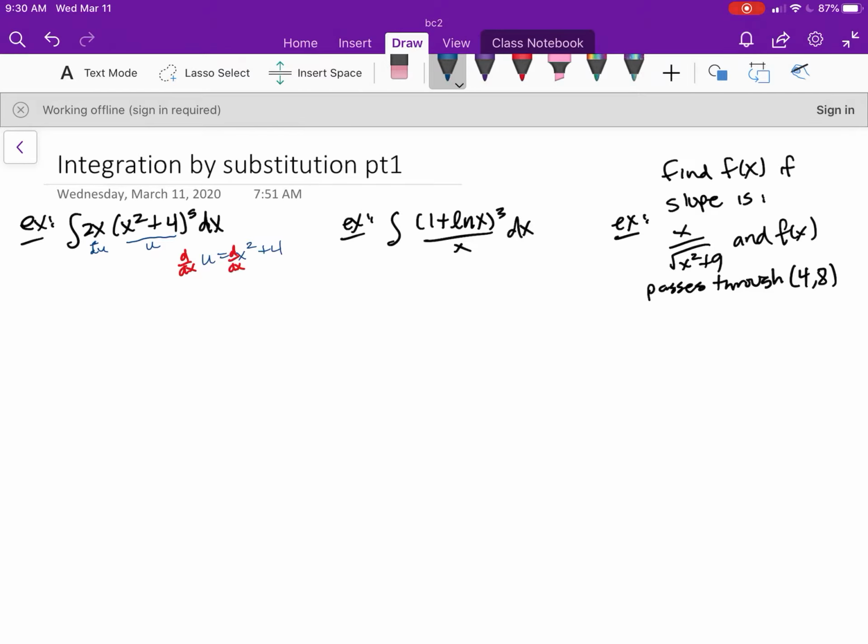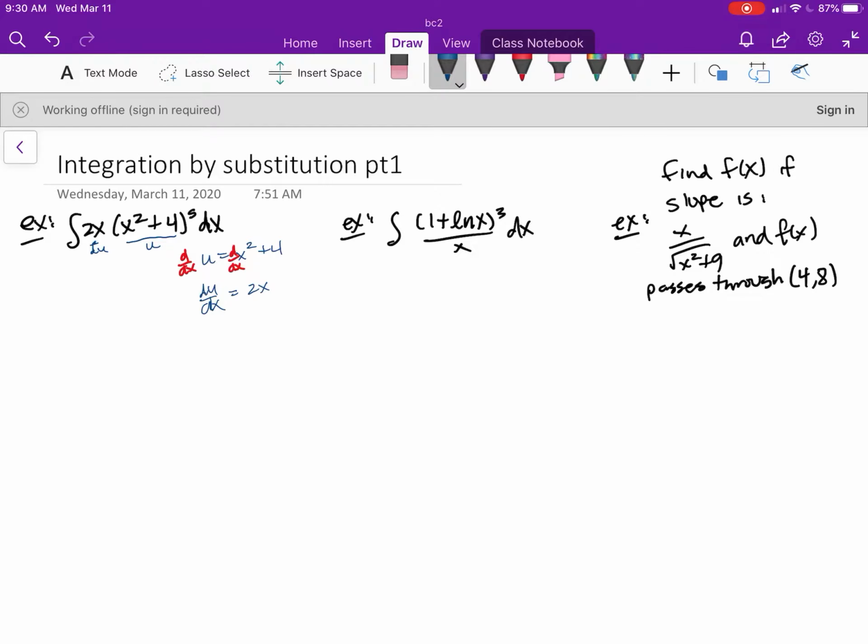But to show why exactly we're getting what we're getting, I went ahead and wrote it. All right, so the derivative with respect to x of u is du dx because the variables don't match. We learned that in Calc 1 as well. Now the derivative of the right-hand side is just 2x because the derivative of 4 is 0.